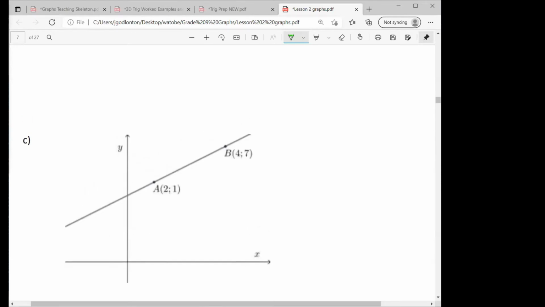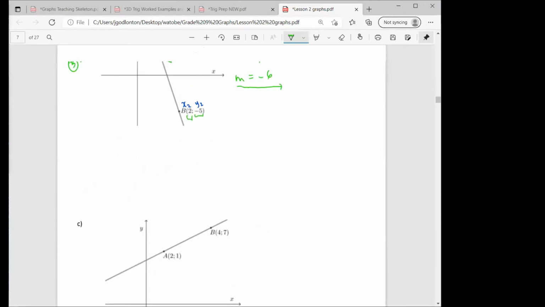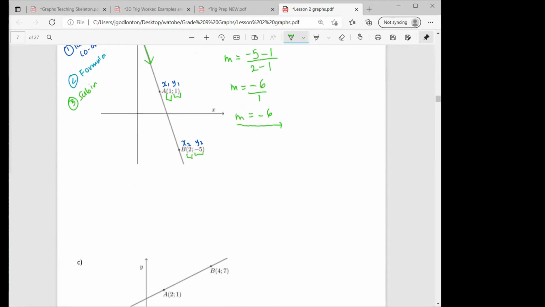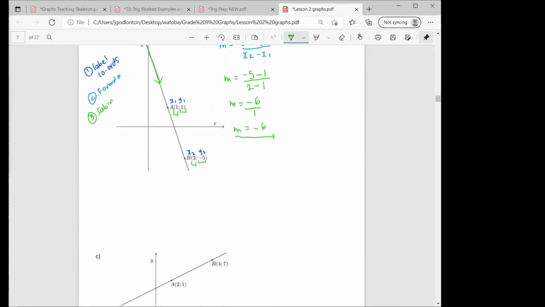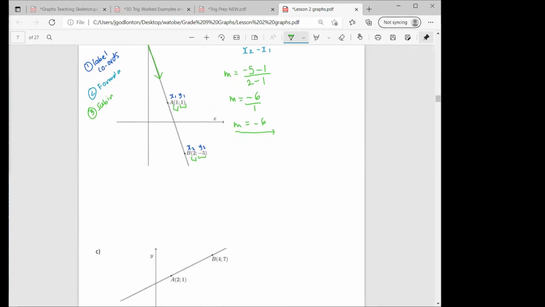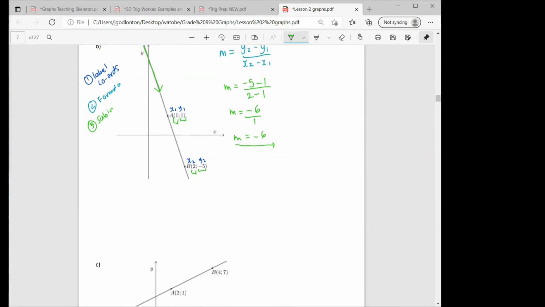I'm going to have to just minimize it a little bit so that people can see both. There you go. So label your coordinates.